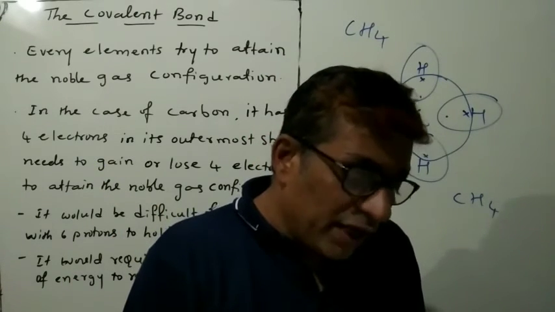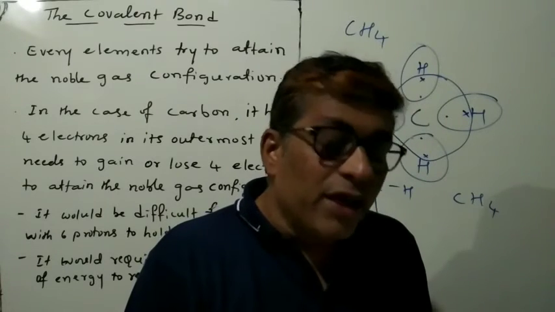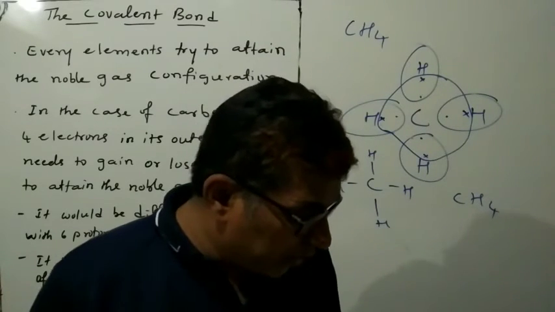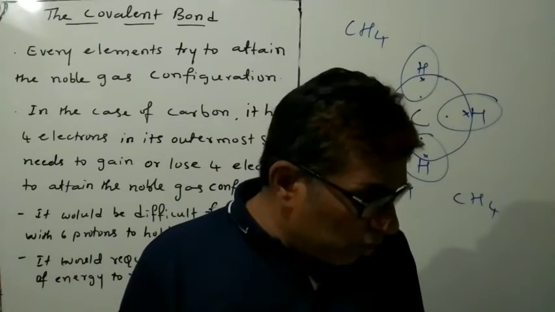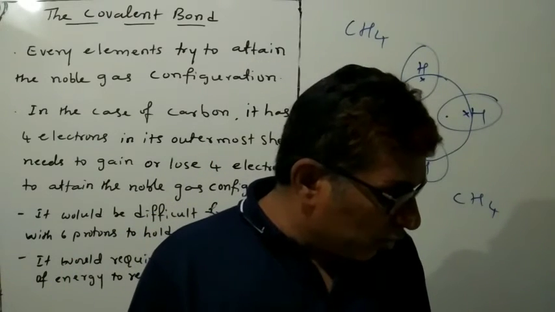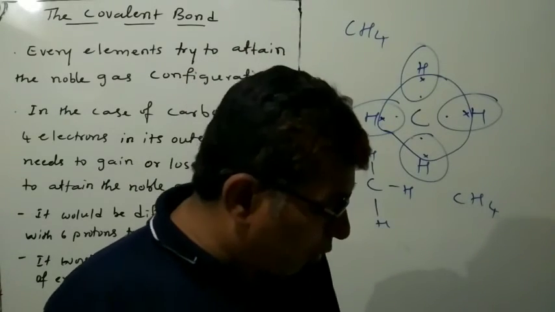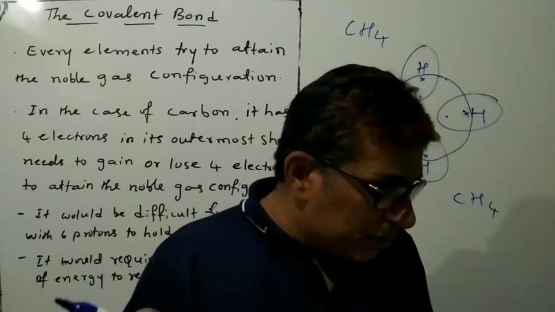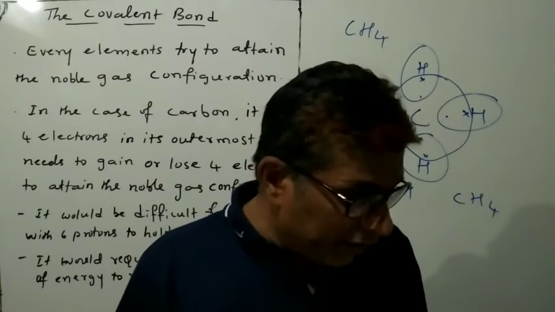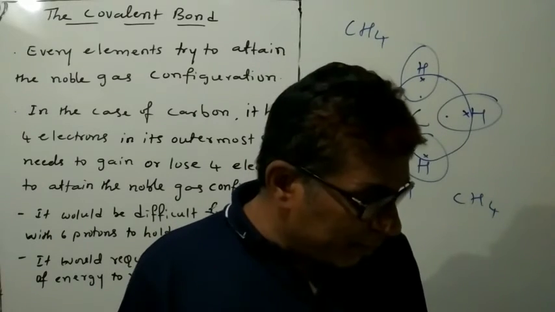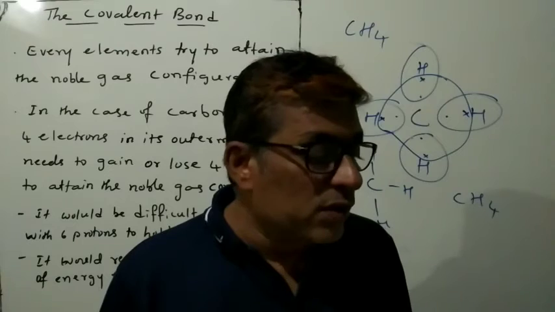So carbon attains the noble gas configuration of neon. Okay. And such bonds formed by the sharing of electrons between two atoms are known as covalent bonds. So this type of pair formed, sharing of an electron pair between the two atoms, is called a covalent bond.